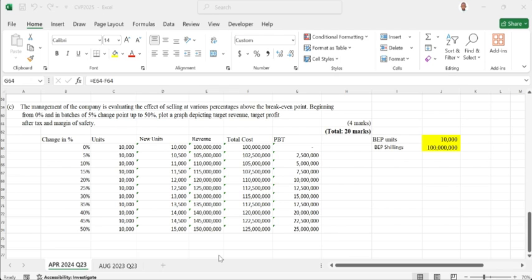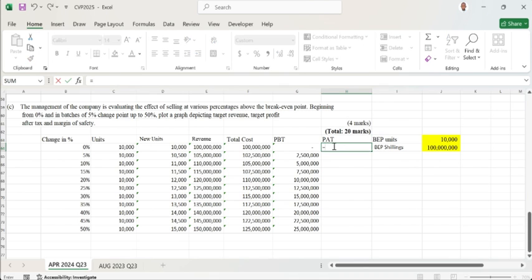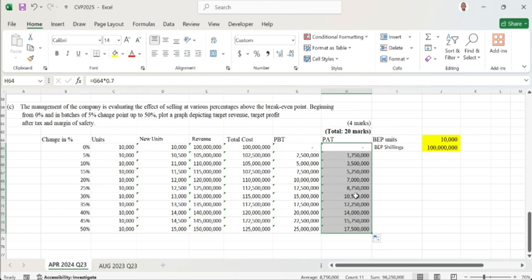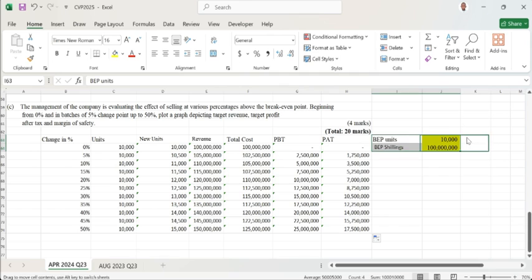Now, how do we get the PBT? It is this minus this. So tuko na jibu. I drag down. Kuna mtu amekwama? Somebody lost? Tuko sawa? Iko sawa?